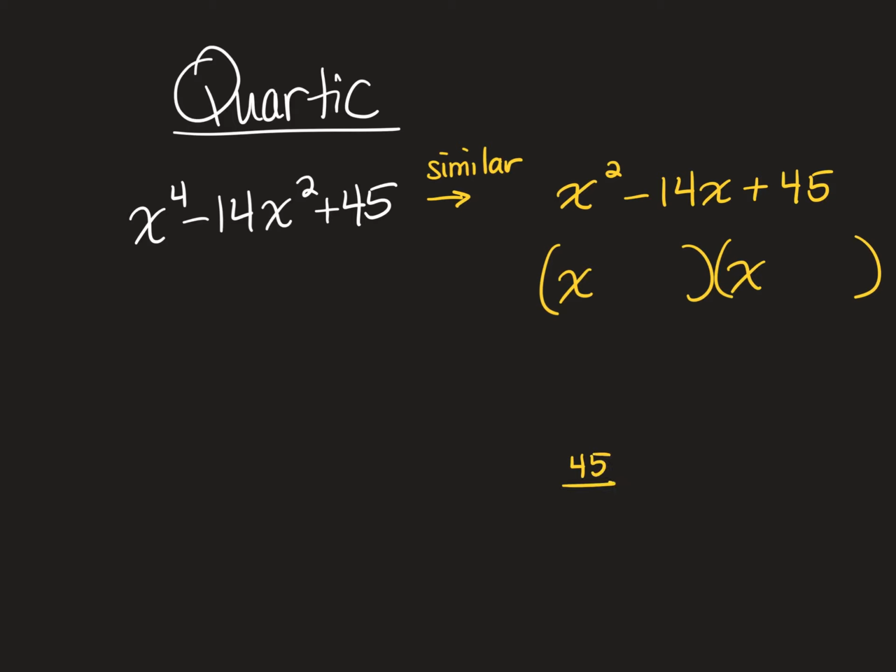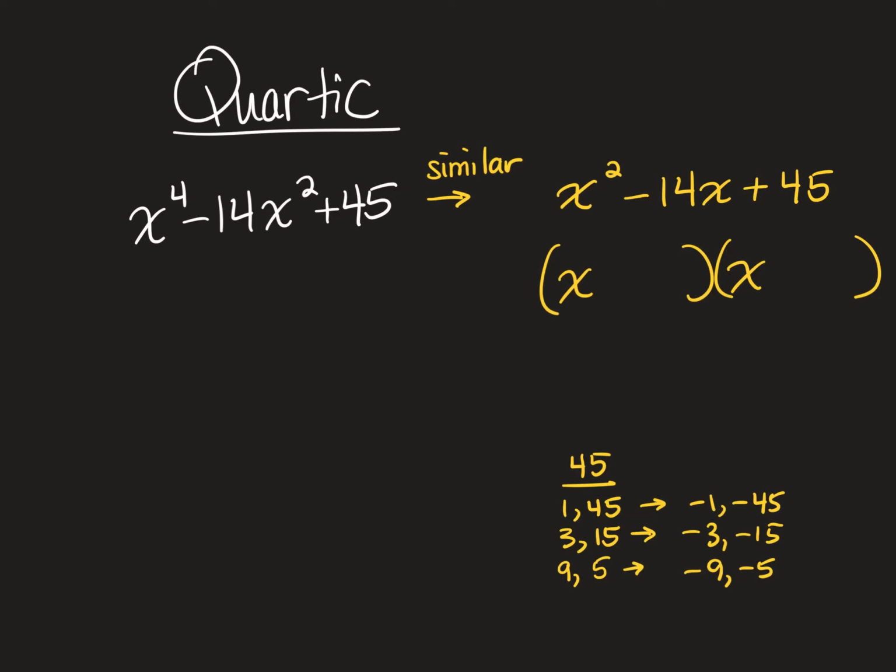And you just list your possible pairs, right? So I know 1 and 45. I know 3 and 15. 9 and 5. And then I could do all of those with both negatives as well. So I have really 6 possibilities.